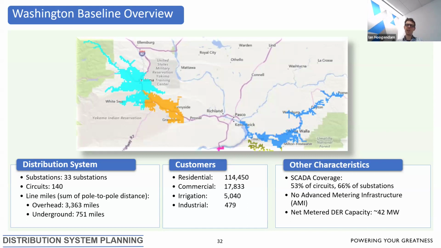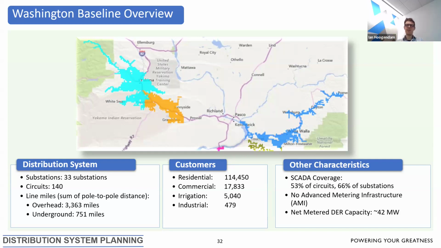So a key difference between Oregon and Washington is that in Oregon, Pacific Power has an advanced metering infrastructure system, or AMI, and this is different than an AMR system. These meters provide the company with real-time event notification and hourly and 15-minute interval demand data, and this kind of data is very useful for various use cases for distribution system planning, including load modeling, model corrections, voltage monitoring, and this data can also augment or even be a substitute for SCADA data in its planning process.